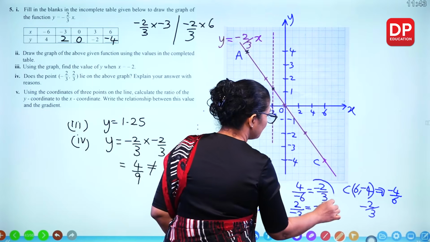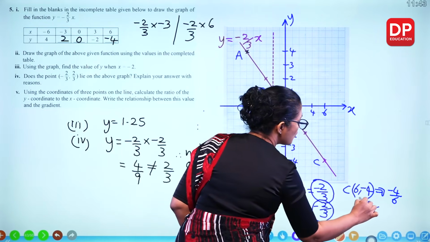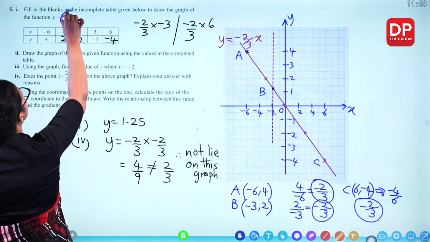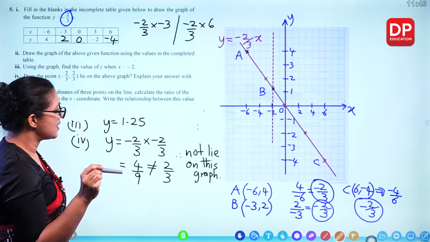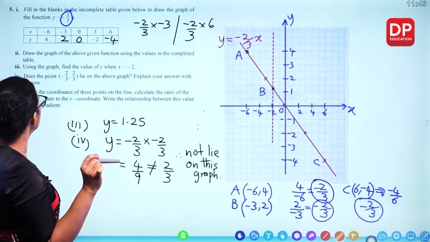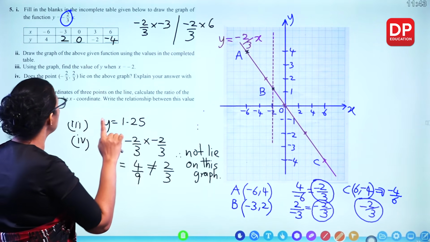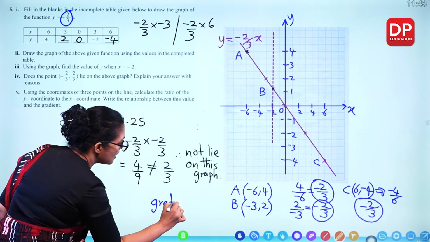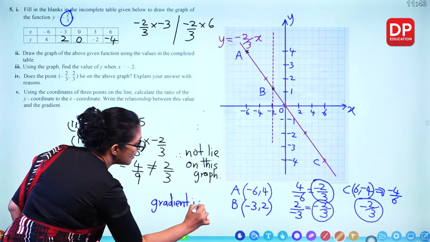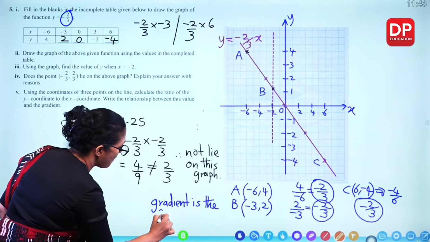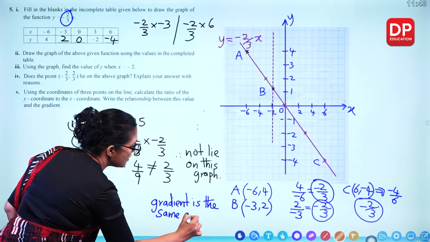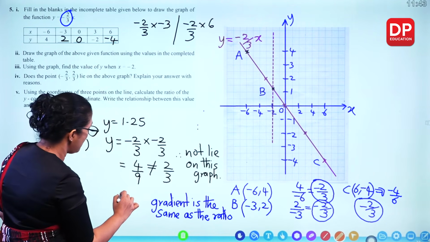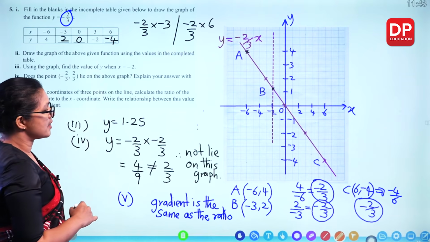Here, all 3 values are the same, and when you compare with the slope or the gradient, you get the same value. So they are asking, write the relationship between this value and the gradient. The gradient is the same as the ratio. So that's the 5th part.